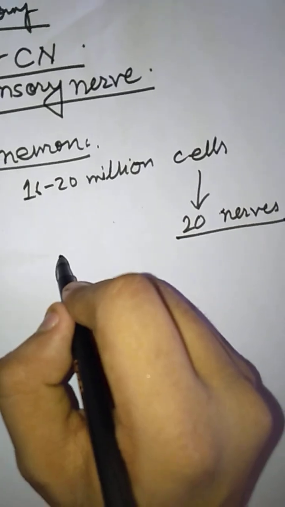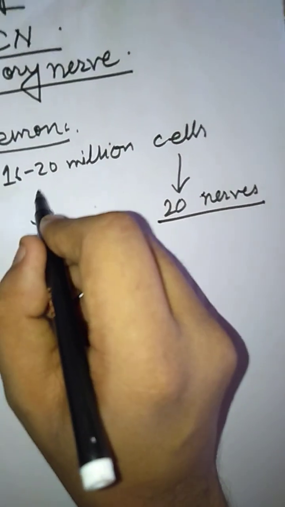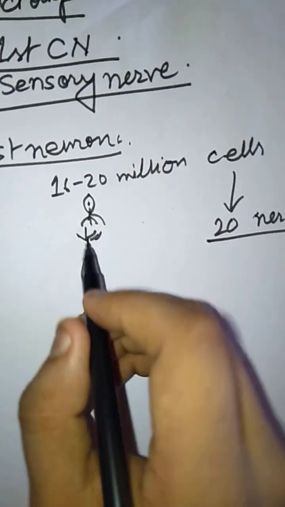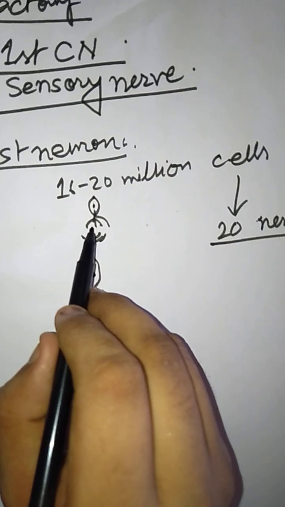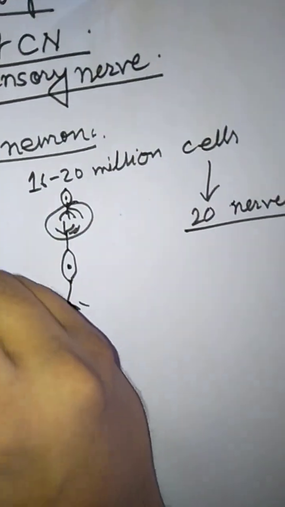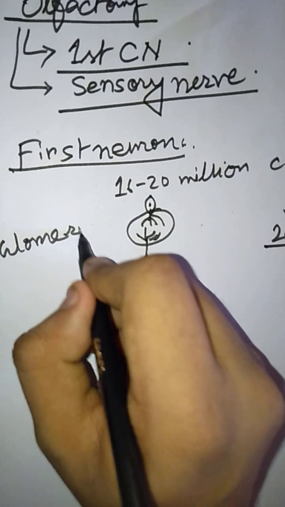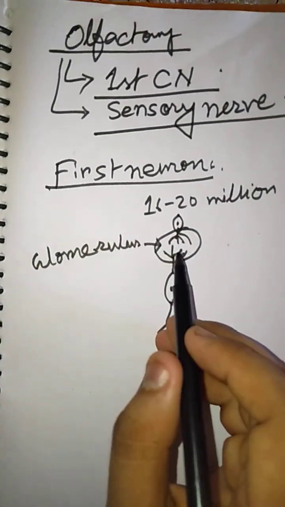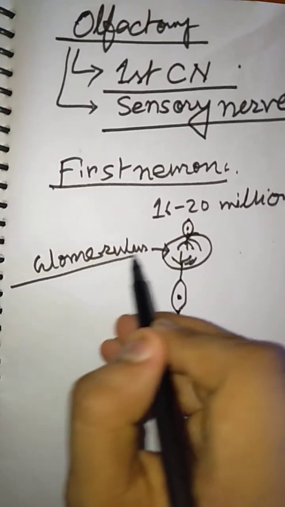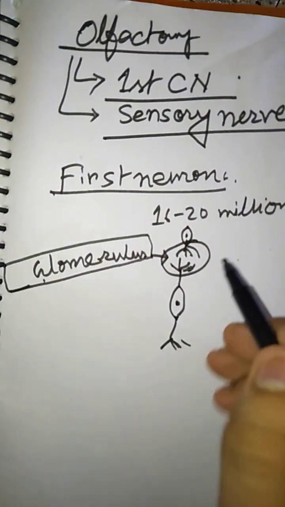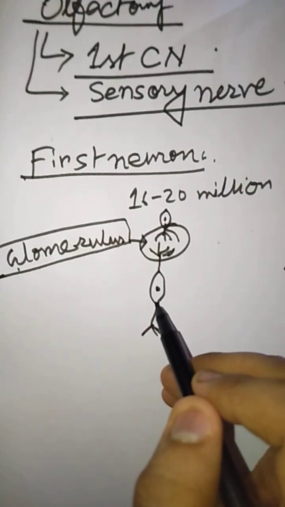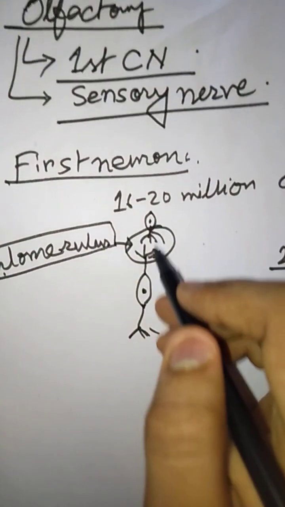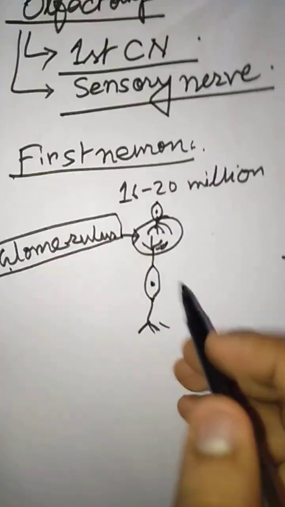These are dendrites, these are axons, and the mitral cells above also have dendrites. The axons and dendrites together make the glomerulus. These glomeruli consist of the axons of the olfactory cells or olfactory nerve and the dendrites of the mitral cells.